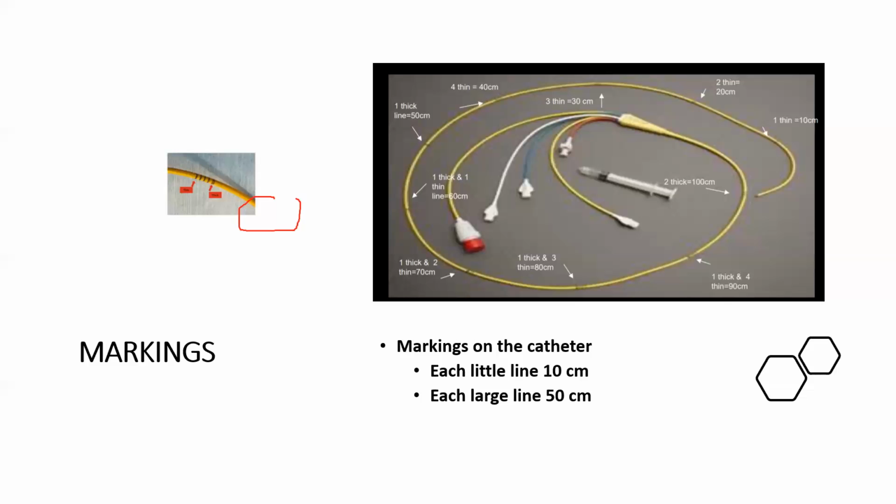We usually don't use the femoral vein for pulmonary artery catheters because it's so far away that it may dampen the waveform and therefore not be accurate. So the sites in which the Swan Ganz or the pulmonary artery catheter will be inserted will either be the subclavian vein or the jugular vein.